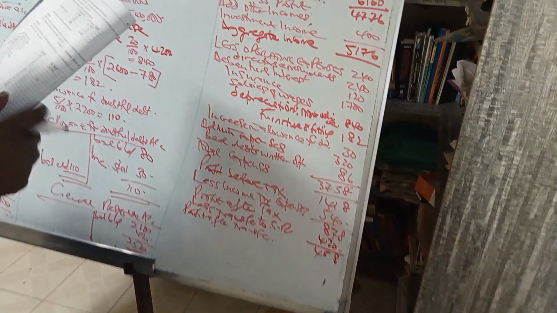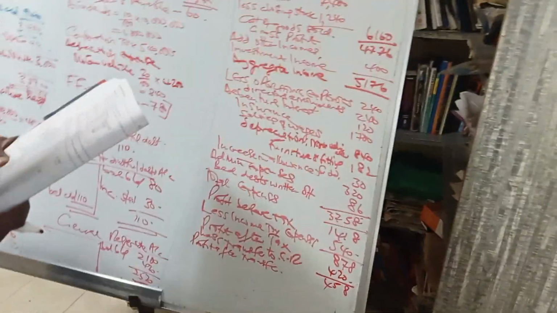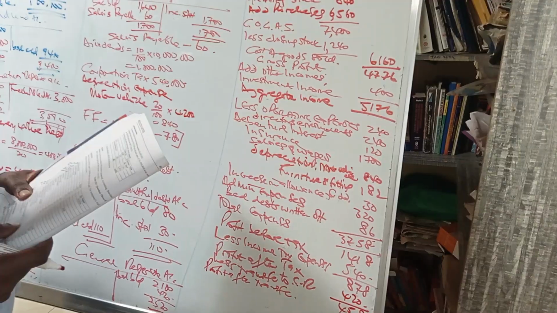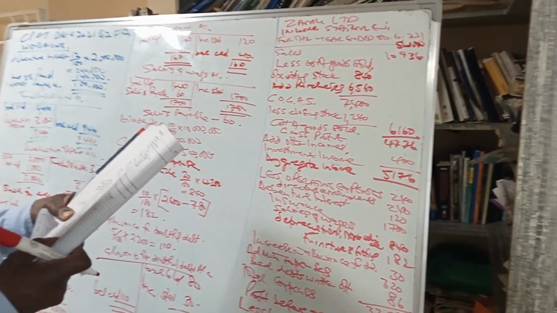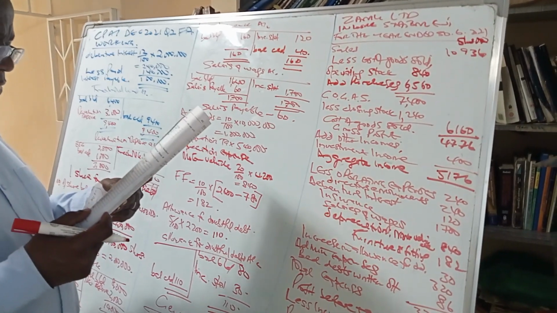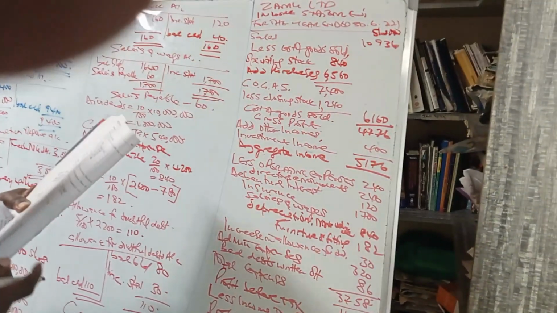So we get the revenue reserve that we had at the beginning of the period, revenue reserve, 1st of July 2020.